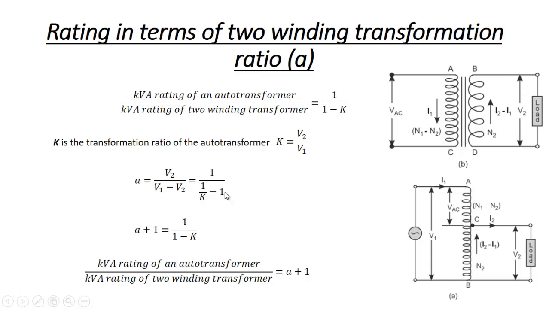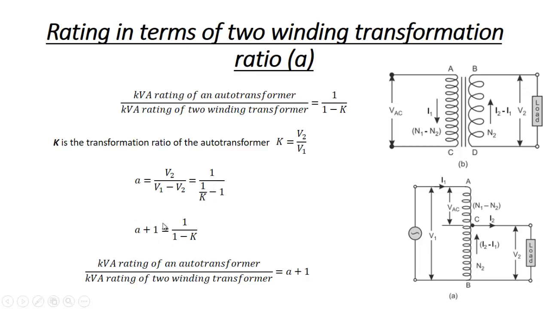Now you simply add 1 to this, and it will be equal to 1 plus 1 divided by 1 by K minus 1. It will be equal to 1 by K divided by 1 by K minus 1. So you multiply this and this by K, and it will be equal to 1 divided by 1 minus K.